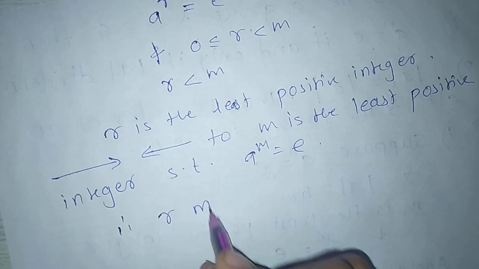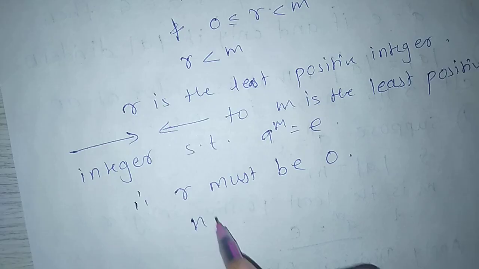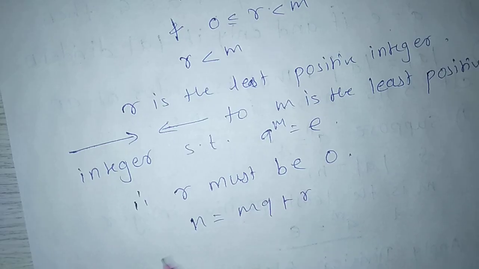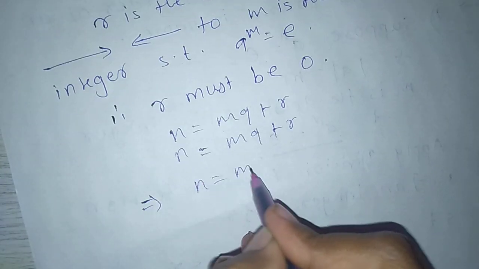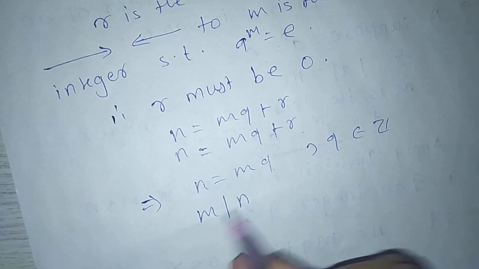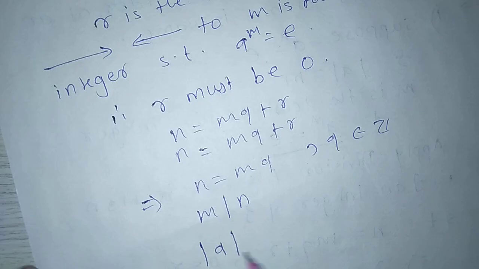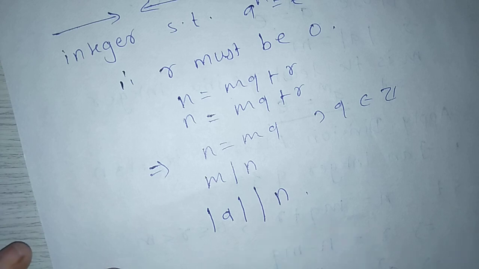Therefore, r must be 0. r must be 0 means n equals mq plus r equals mq plus 0, which implies n equals mq and q belongs to Z, so m divides n, m being the order of a, so the order of a divides n.